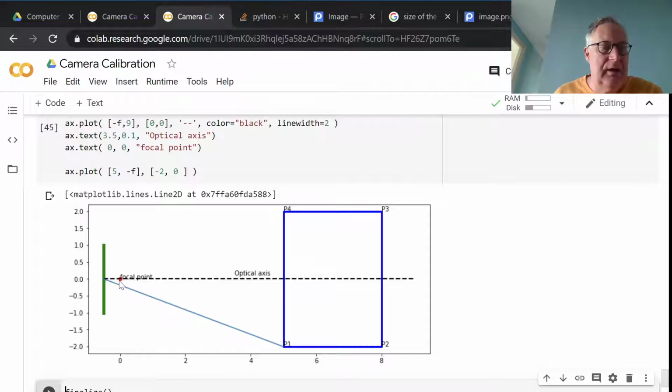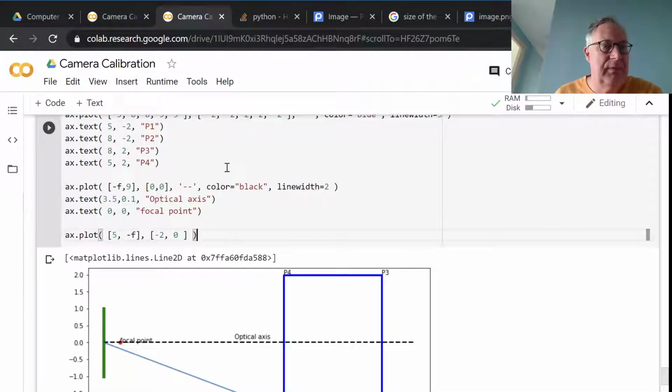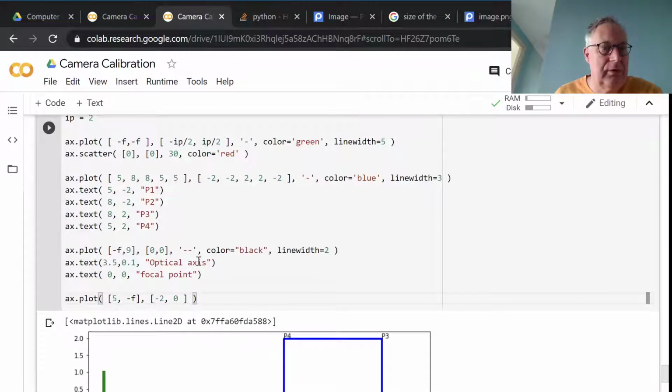Now, as you can see, I can draw a line from P1 to the focal point easily enough, because that's where it goes through. So let's plot that line there first.